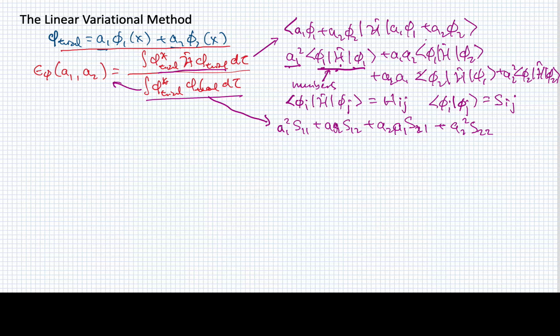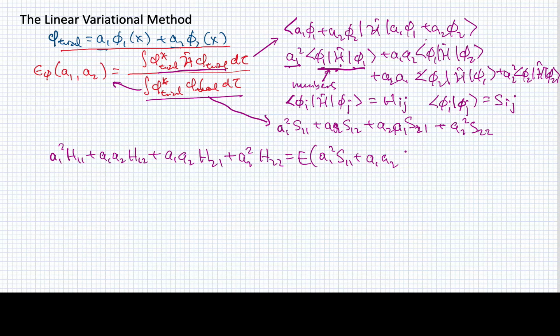So I'll have A1 squared h11 plus A1 A2 h12 plus A1 A2 h21 plus A2 squared h22 is equal to E times A1 squared s11 plus A1 A2 s12 plus A1 A2 s21 plus A2 squared s22. And I've written this out in excruciating detail just to show you that it's not an impossible thing to write down. It just takes a while to do so.